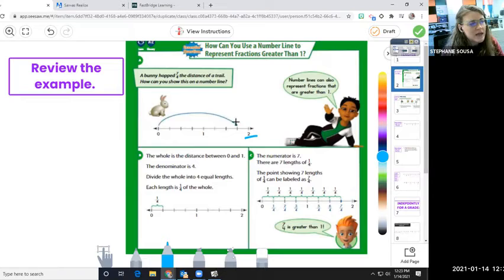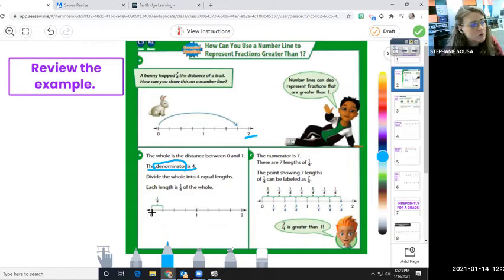The bunny did not hop all the way to 2 miles, but they did hop 7/4 of the way there. We know that the distance between 0 and 1 is the whole that we split apart, right there. And the denominator is 4, because the denominator tells us into how many parts. Divide the whole into 4 equal lengths.